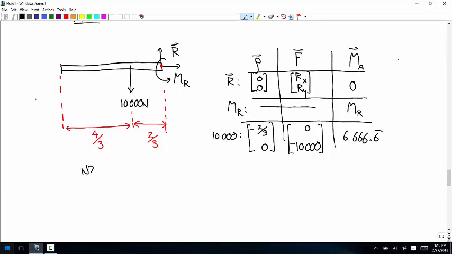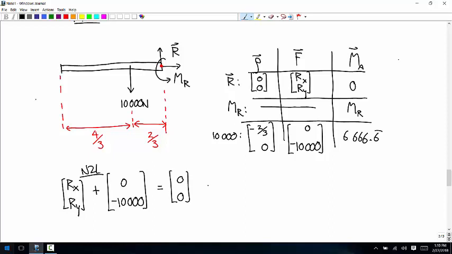Now Newton's second law says Rx, Ry plus 0, negative 10,000 is equal to zeros. So this vector R is 0, positive 10,000.